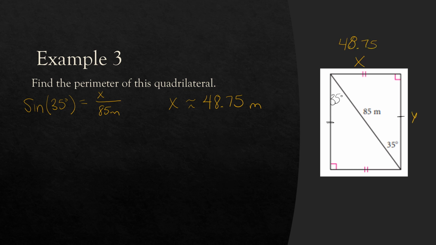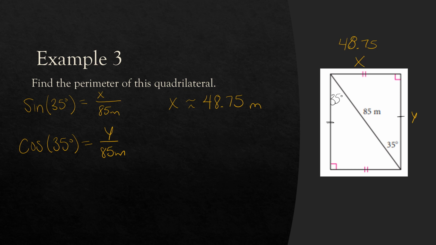Now over here, I might label this side y. How can I find y? Well, again, I have the 35 degrees. I have 85 for my hypotenuse. Y will be adjacent to my 35 degrees. So cosine of 35 degrees would be my adjacent side over my hypotenuse.